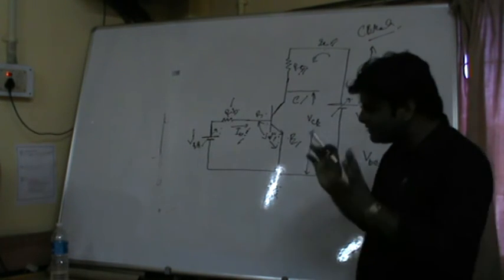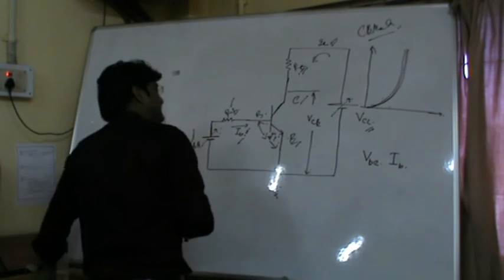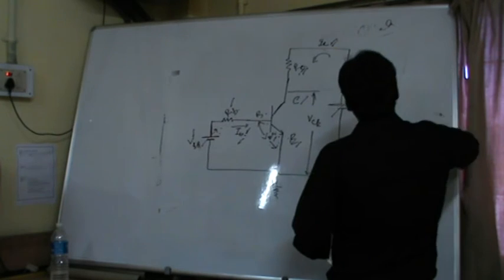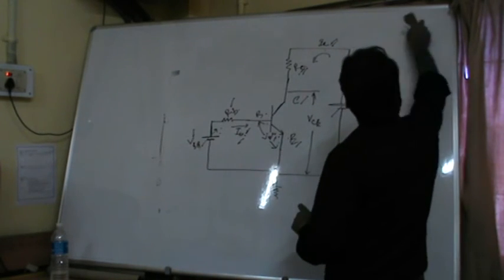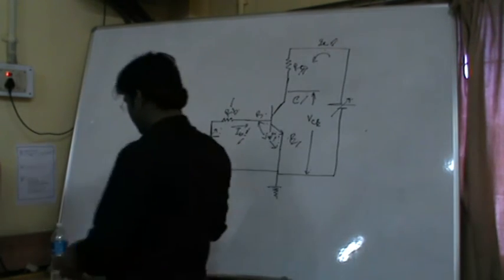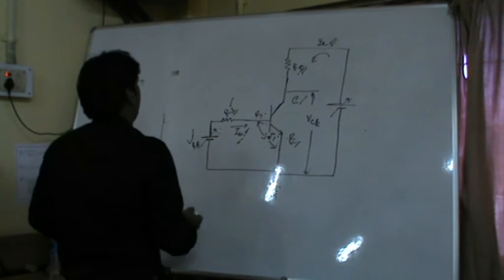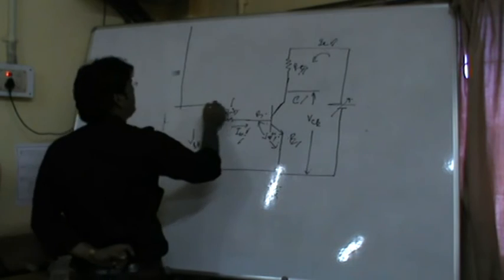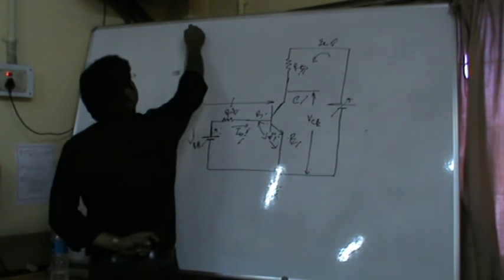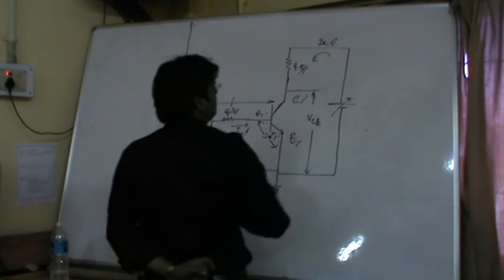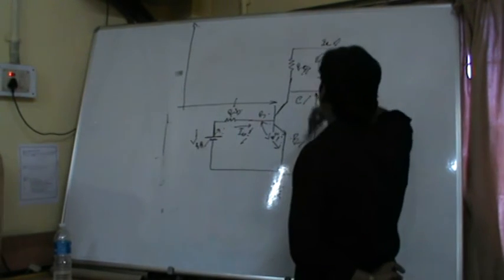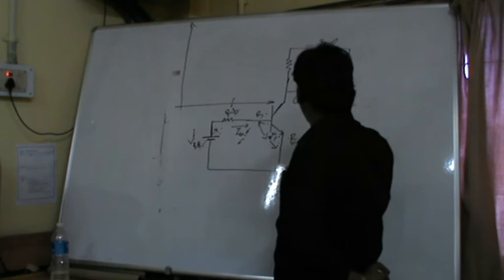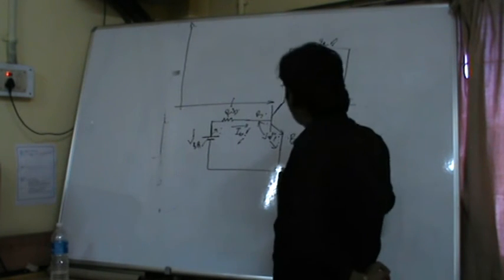Okay. Now the very interesting matter is coming. Suppose I want to plot, in the case of this particular output portion, the characteristics defined by VCE and IC.